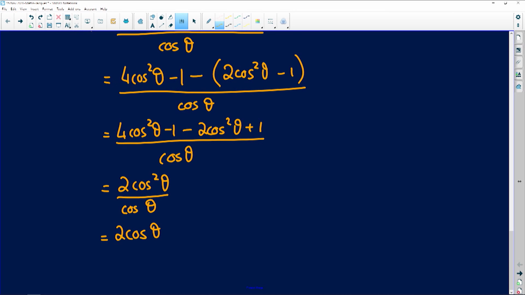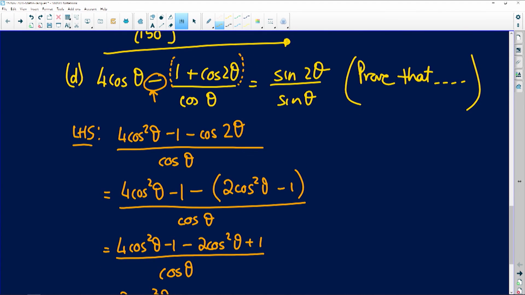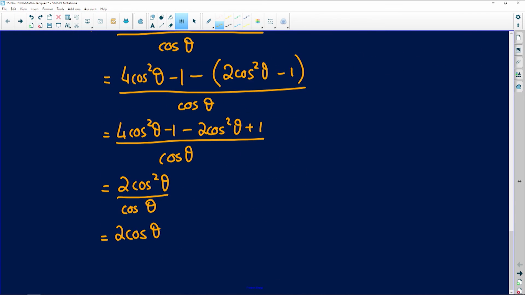Okay, now let's see. Our right-hand side asked us to get to sine 2 theta divided by the sine of theta. Okay, now I can be clever here because there's no sine theta left in the denominator. So what I can do here is I can multiply both the top with a sine theta and the denominator with a sine theta.